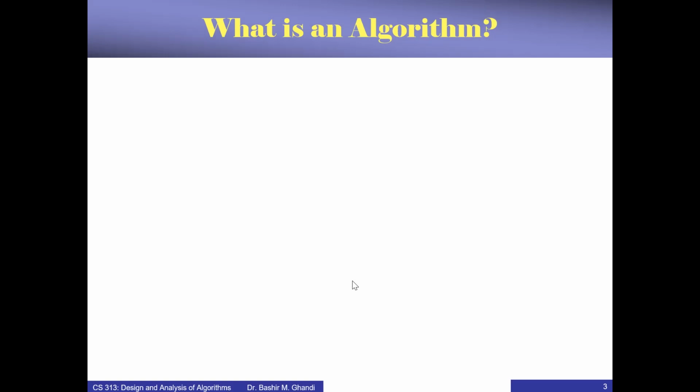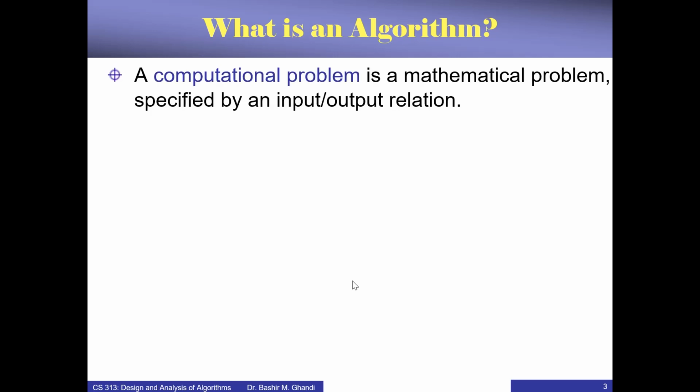Now, algorithm is normally applied to computational problems. So before we remind ourselves what an algorithm is, let us define what computational problems are. And here it says a computational problem is a mathematical problem specified by an input and output relationship. Okay, we will see a number of examples of this kind of computational problem in a moment.